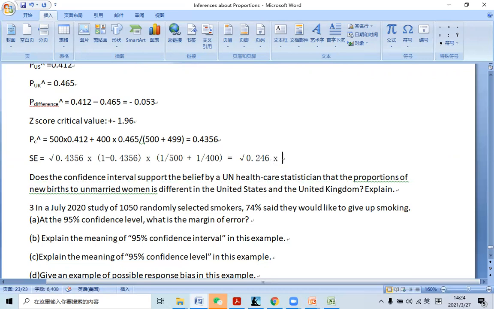And then you multiply it by 1/500 plus 1/400. That is 0.0045.